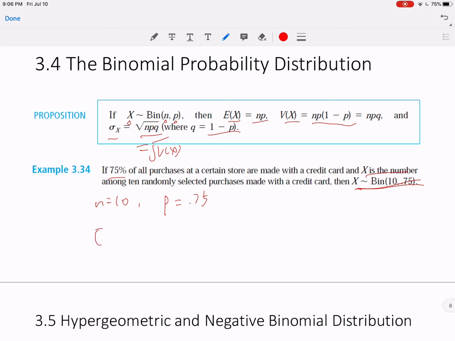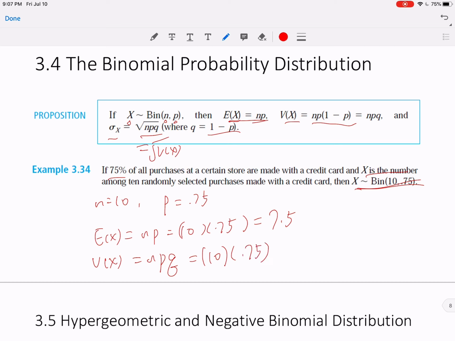Now, I want to find the expected value of X. So we can just figure it out directly based on the proposition we have here. The expected value of X is equal to np, which is 10 times 0.75, which is 7.5. And then what is the variance? Variance is equal to npq, where n is 10, p is 0.75, q is 1 minus 0.75, right?